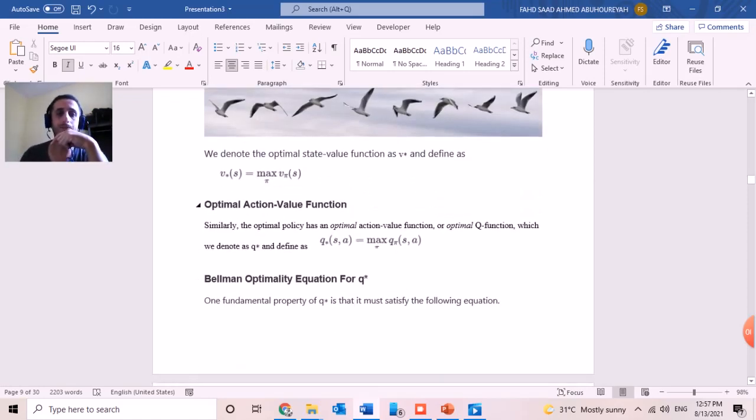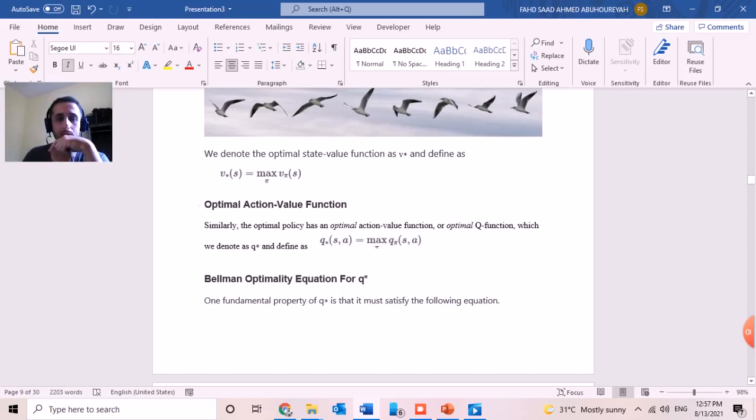Actually, from the previous equation, V star S equals the maximum over pi of V pi of S. We can combine that to get the optimal action value function. Instead of just having the state, we also have the action, and that leads us to the optimal action value function. The optimal policy has the optimal action value function, called the optimal Q function, which is here.